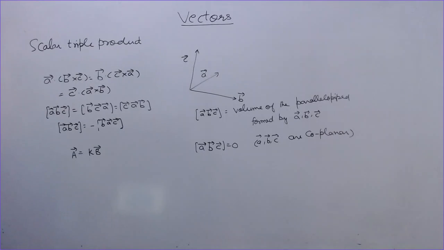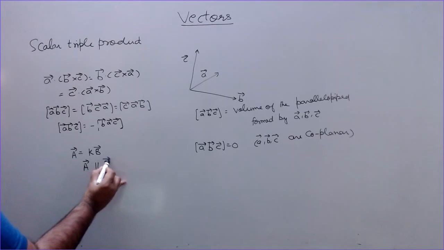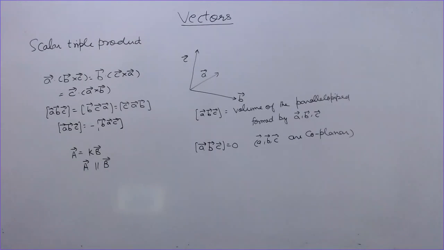K can be an integer or a fraction. It means that A is parallel to vector B. So these are some of the basic fundamentals which I hope you must be knowing, and you just have to remember these for the purpose of solving the questions.